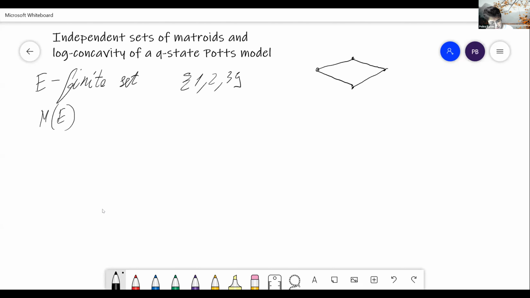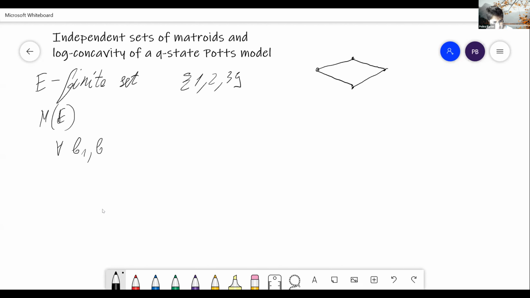Right, so the matroid is a non-empty collection B, or rather we can consider the matroid, the collection itself, of subsets of E. Those subsets we will call the bases, and they satisfy the following exchange property.